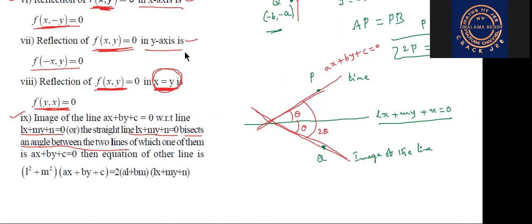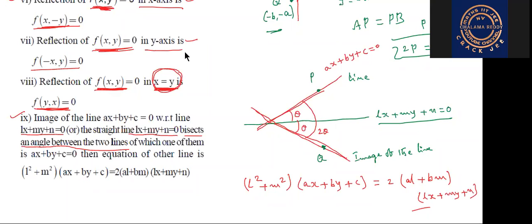Now, how to find the image of the line with respect to the given line Lx + My + N = 0? This is the formula: (L² + M²)(Ax + By + C) = 2(Al + Bm)(Lx + My + N).